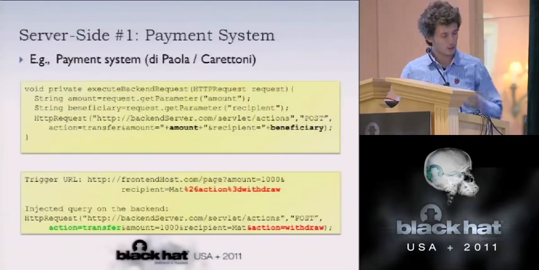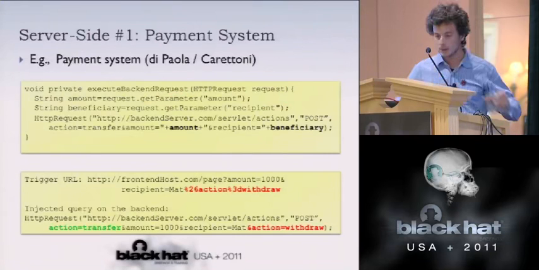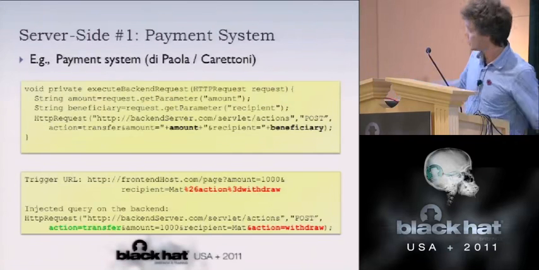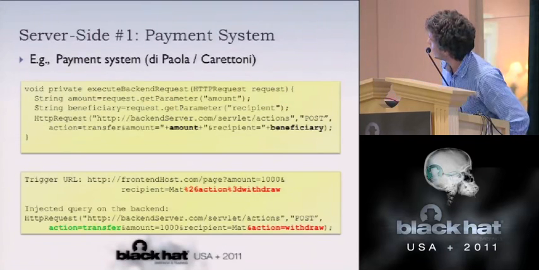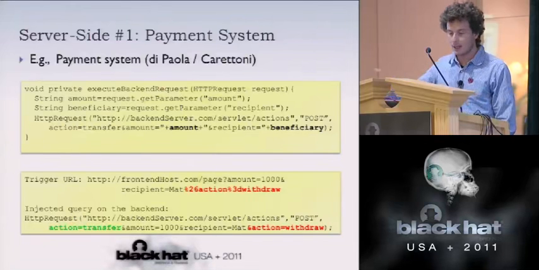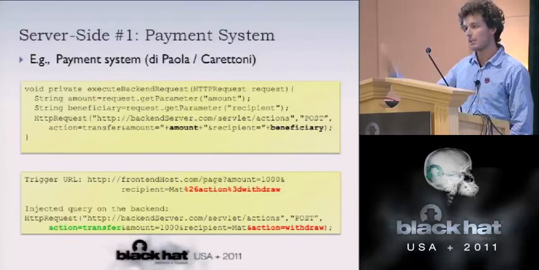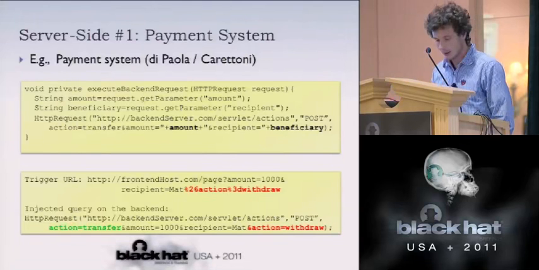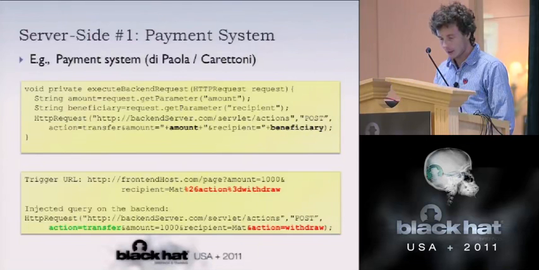So let's look at this. This is a payment system example from two friends of mine. Suppose you have a front-end application that receives an HTTP request with two parameters.